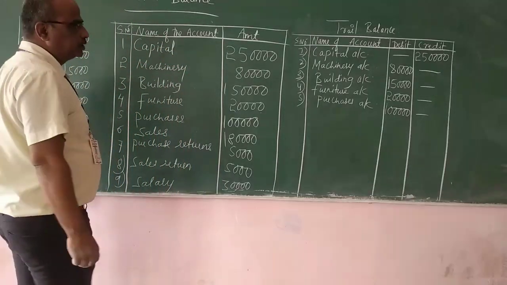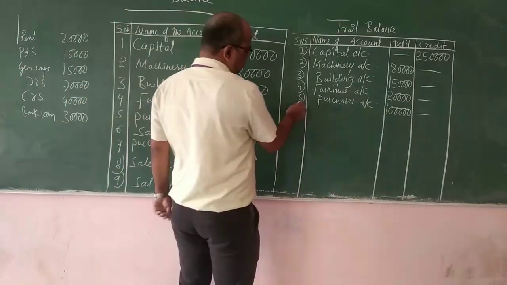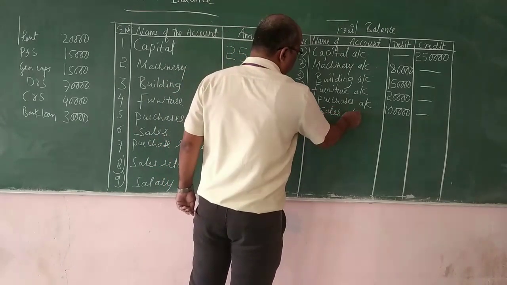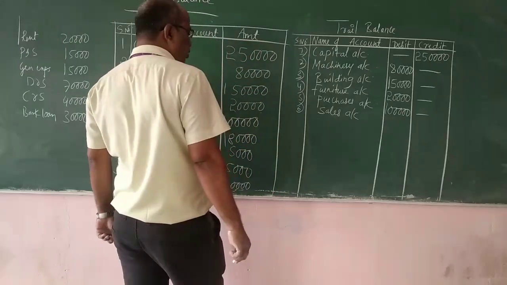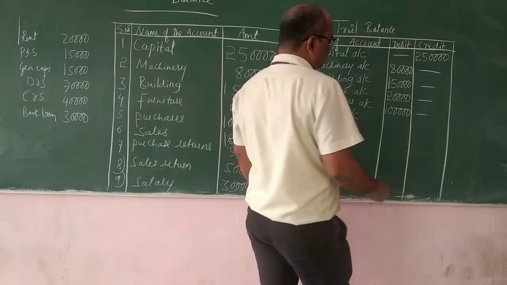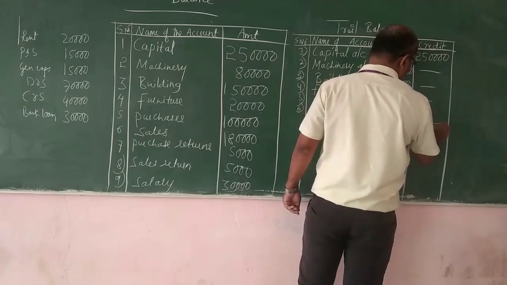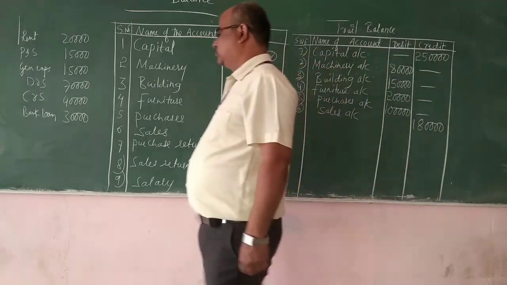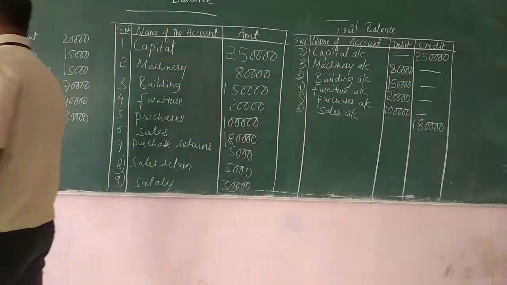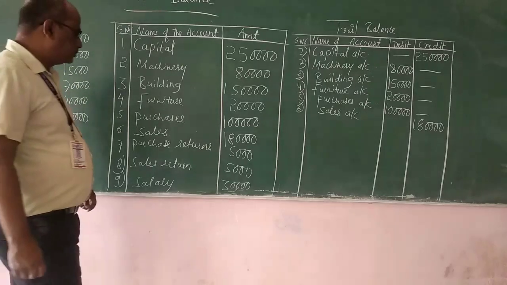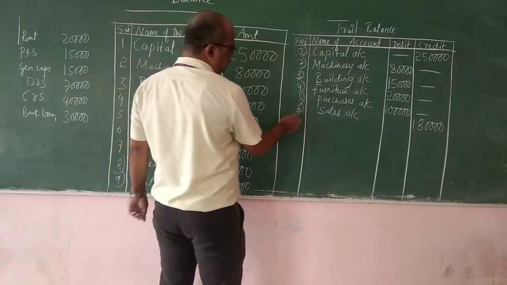Next is sales. Sales account will always be credited. Next, purchase returns, which is opposite to purchases.